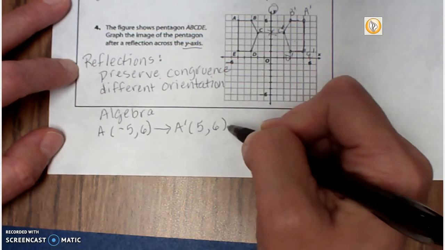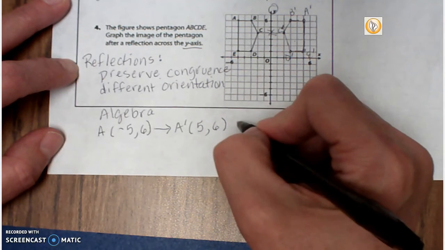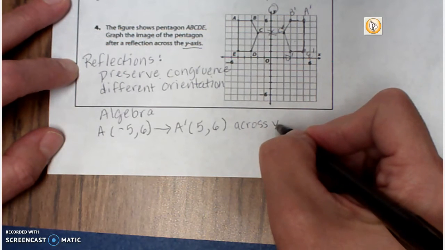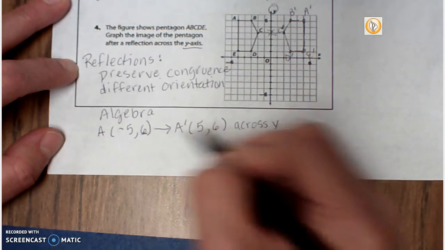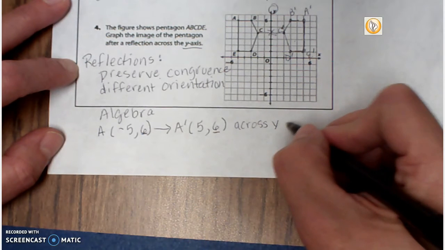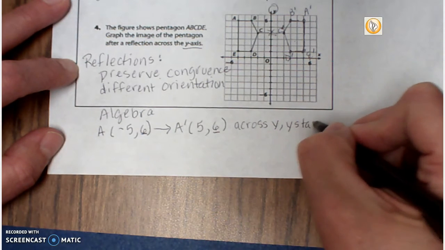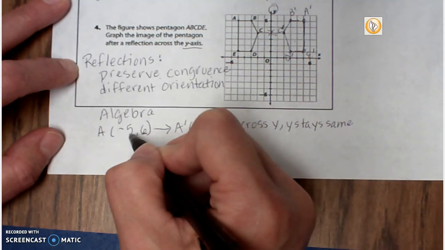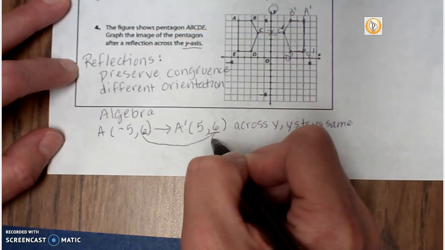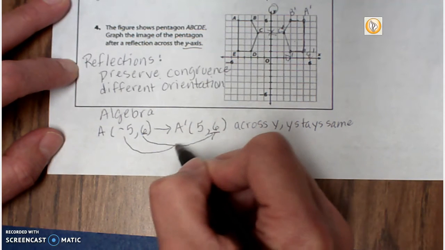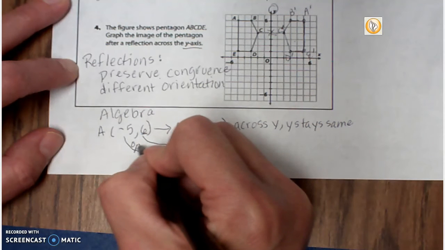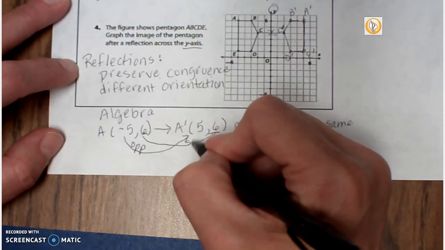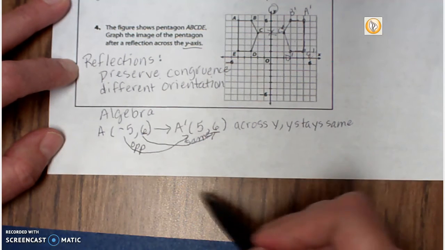So what you need to understand is that when we reflect across Y, Y is the axis of symmetry, and the Y coordinate stays the same, but the X coordinate becomes the opposite. So Y stayed the same, but X became the opposite of what it was. It used to be -5, and now it's +5. But the Y stayed the same. And this is the algebra part of what you do.